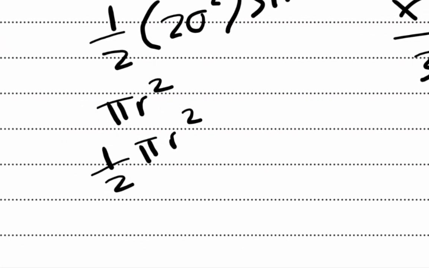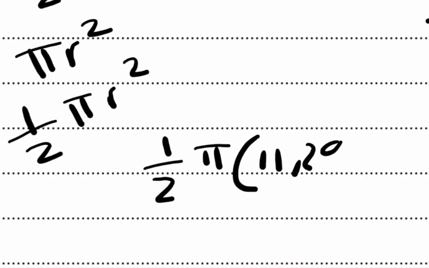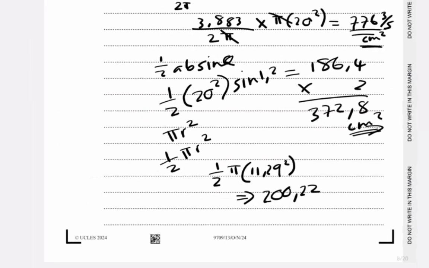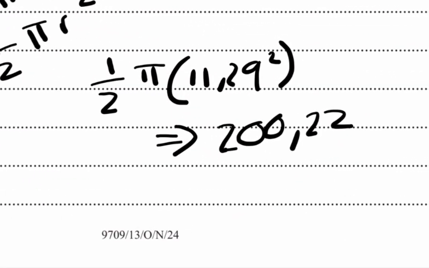So we're just going to say half pi, times 11.29 squared, and this is for one of the two. That is giving us 200.22, and we know it's the same for the other semicircle also. Might as well multiply this by 2 and get 400.44 square centimeters.